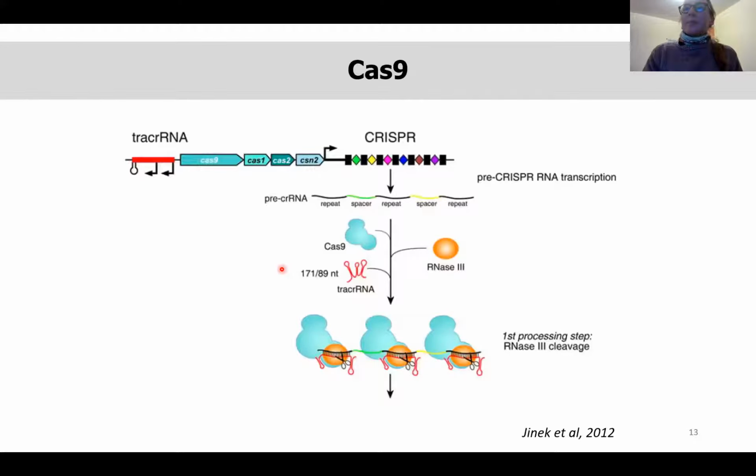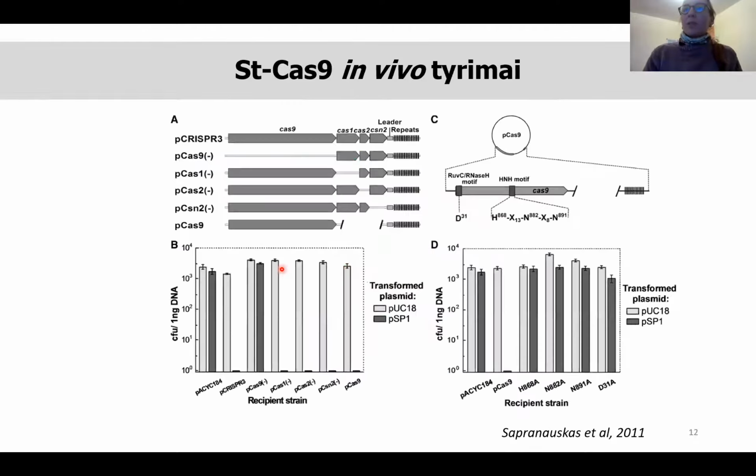After this experiment, Cas9 is the only protein important for interference. So take Cas9, take the CRISPR region, and try some in vivo experiments.